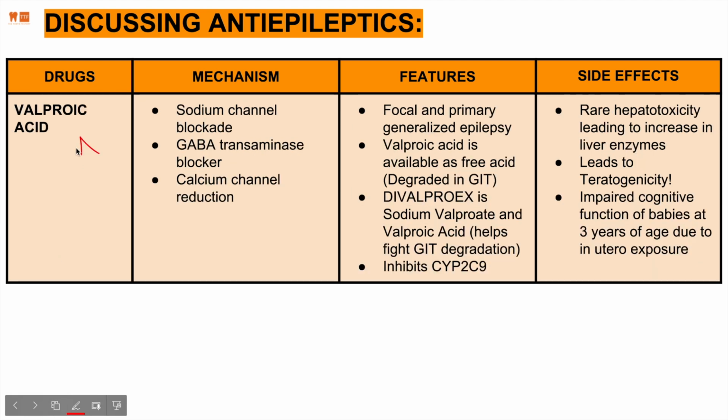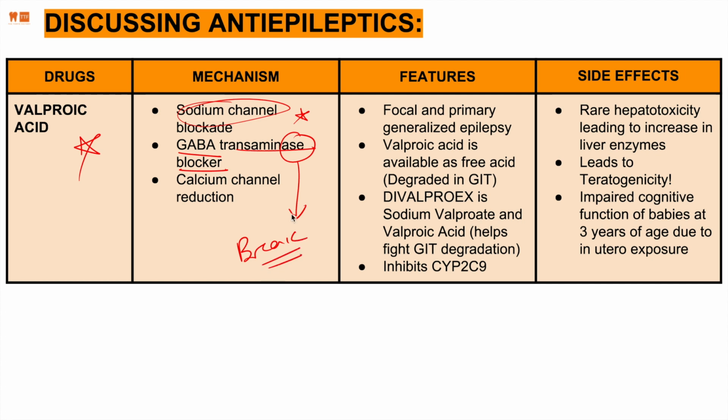Valproic acid, another king drug. Sodium channel blockade, very important. GABA transaminase blocker. In other words, remember the suffix -ase means to break down. Whenever GABA is prone to being broken down, valproic acid prevents that and GABA lives. It also has effects on calcium channel reduction.